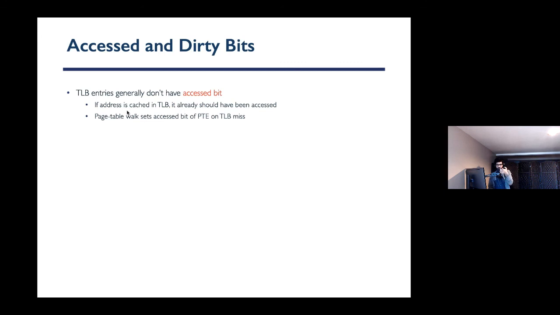And there is no access bit in TLB, so it won't be set anymore. So basically, what that means is only the first access you usually get the hardware to set this access bit, and not the future ones. So this is something very important that we will come back to when we talk about eviction and demand paging, right? So keep that in mind. We'll come back to it. It's important.